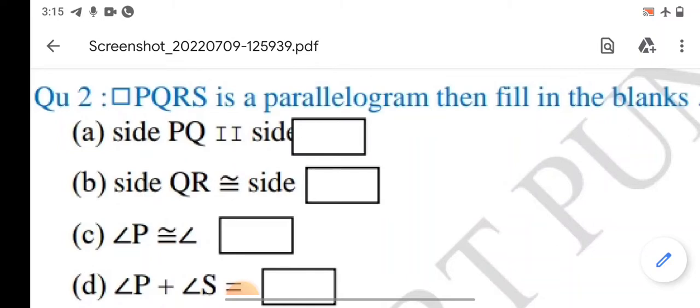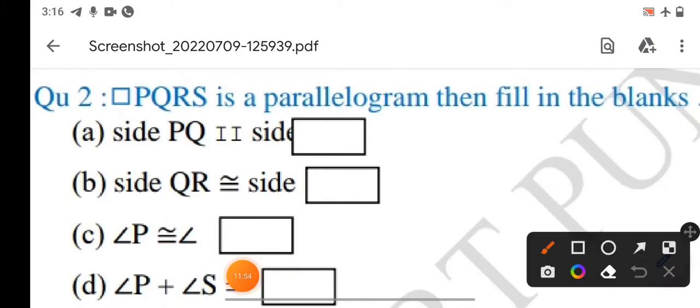PQRS is a parallelogram. Then fill in the blanks. Side PQ parallel side RS. And B, side QR congruent side PS.